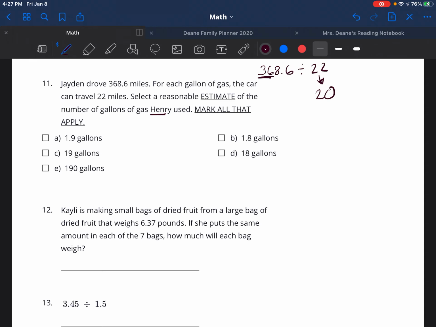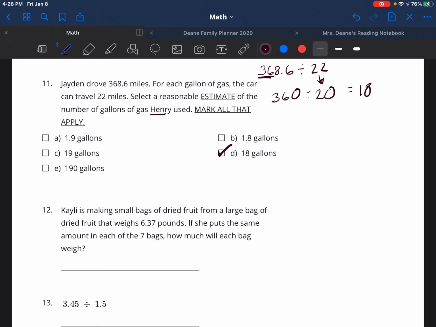So I could definitely do 340. I could do 360 because 360 divided by 20 is 18. So that would work, 18 gallons.